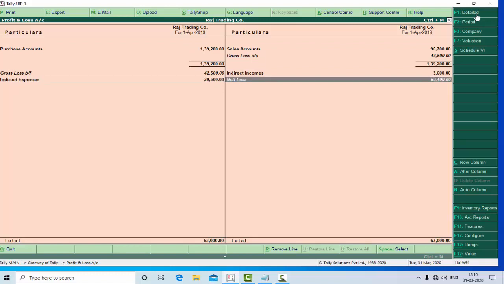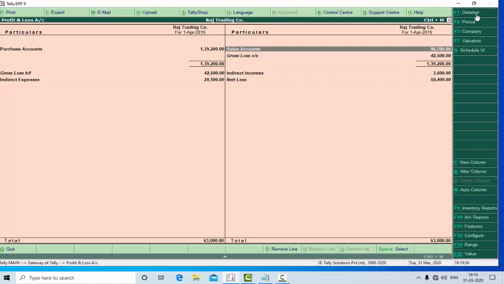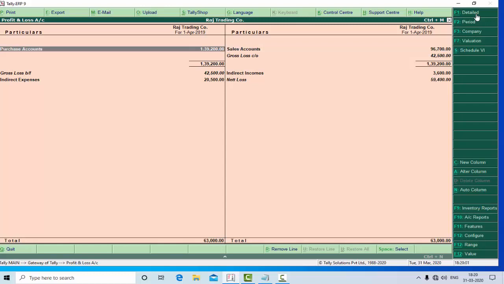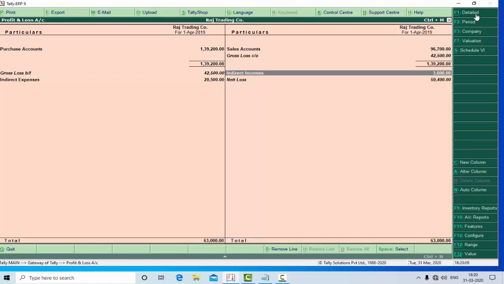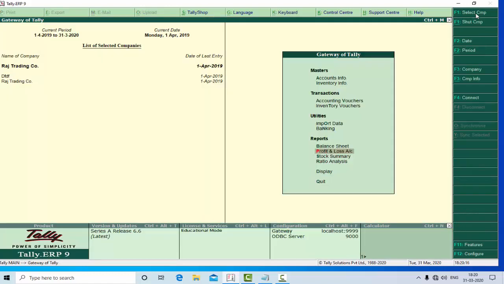You can see that in the trading account sale and purchase are displayed, and in the profit and loss account expenses of the business, indirect expenses, indirect income are shown in this part. So I think you understand how this P&L account is displayed by Tally.